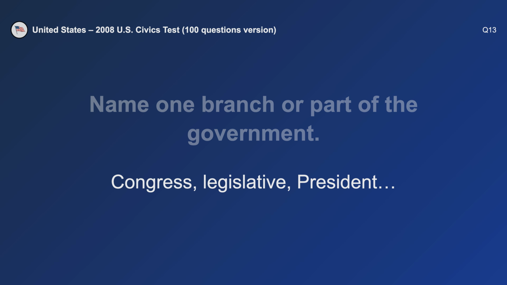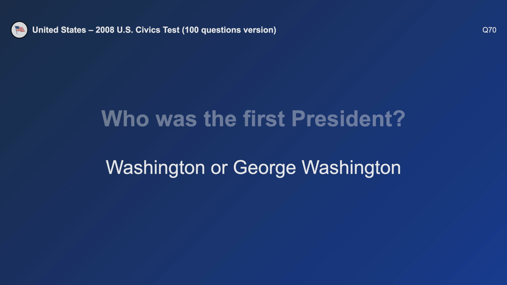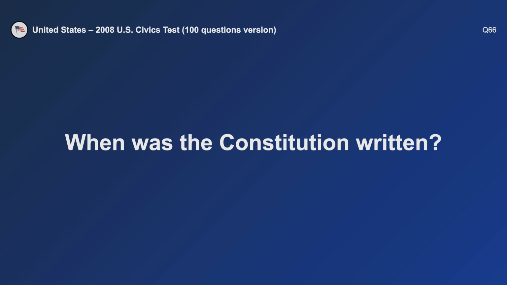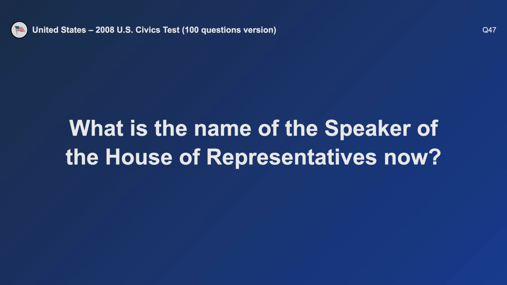Congress. Who was the first president? George Washington. When was the Constitution written? 1787. What is the name of the Speaker of the House of Representatives now?